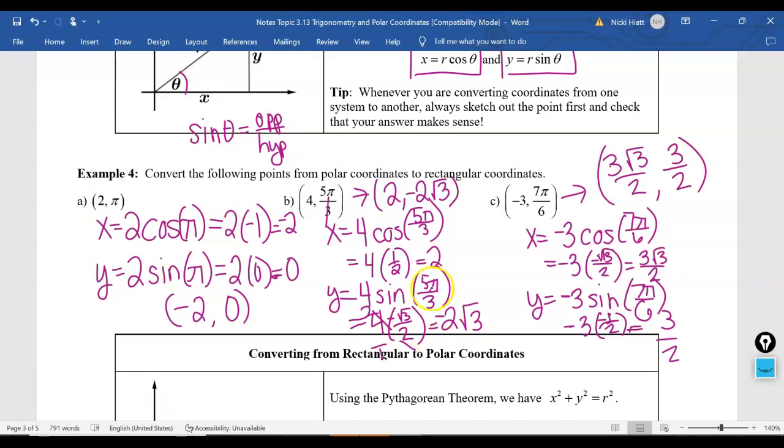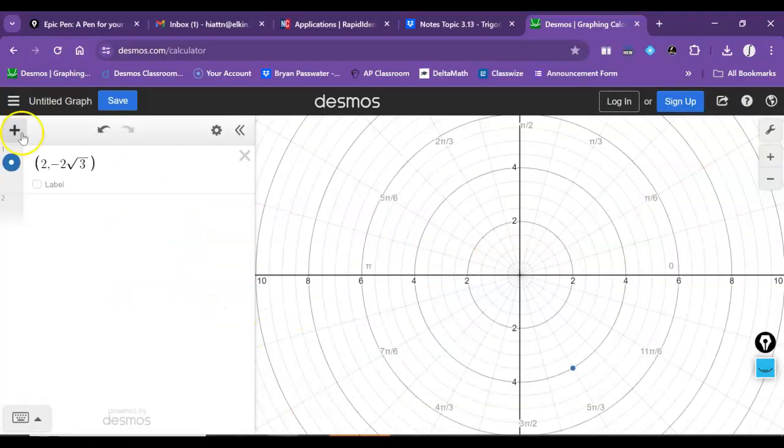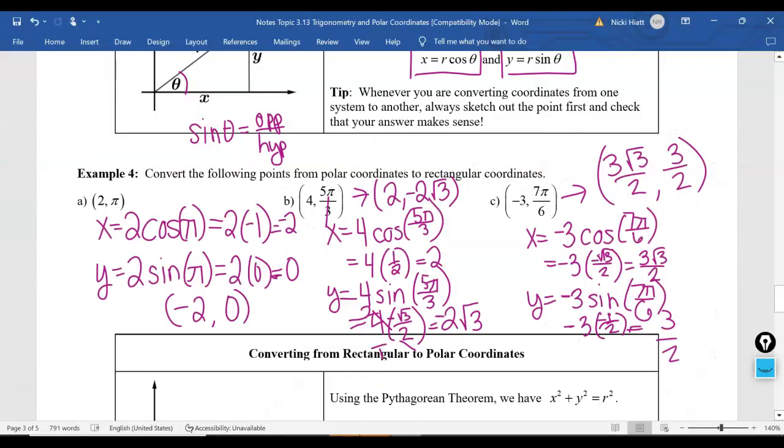Again, it's really helpful to graph those, and it's just kind of hard for me to graph if I don't have polar coordinates. So I'm going to show you what it looks like over here again on Desmos. You're welcome to use this to kind of help you along as you work on these. So we got 3 square root of 3 over 2 and 3/2.